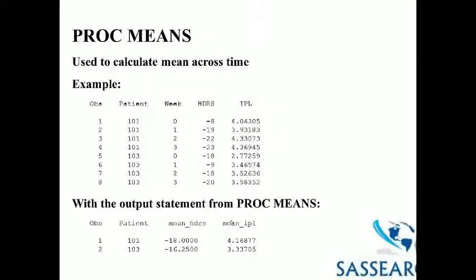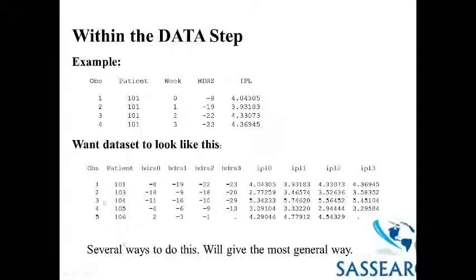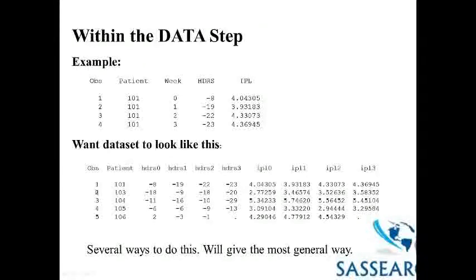In the method that I call within the data step, we are taking this data that was recorded over 4 weeks, and we're turning our data set into a wide data set that captures all the information for a patient in a single observation.